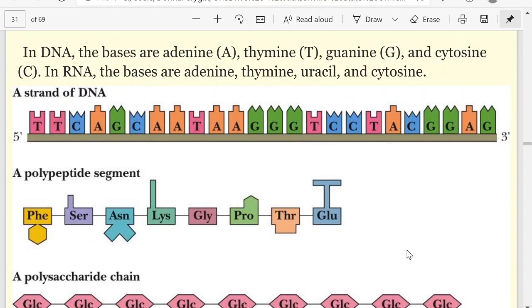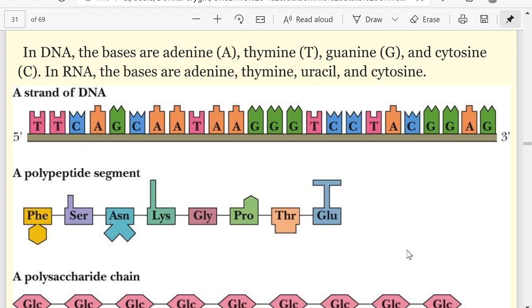By having this directionality or this sense, these building blocks are able to be put together in specific arrangements, which gives them the ability to carry information. They can carry information by having these little building blocks. In the case of DNA, DNA is made up of adenine, thymine, guanine, and cytosine.